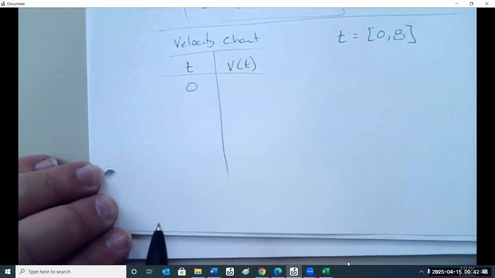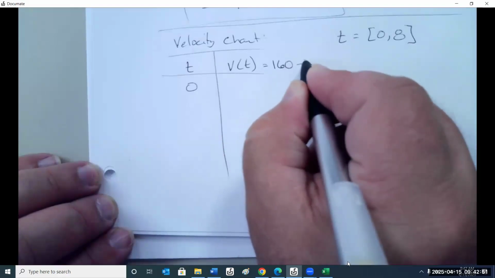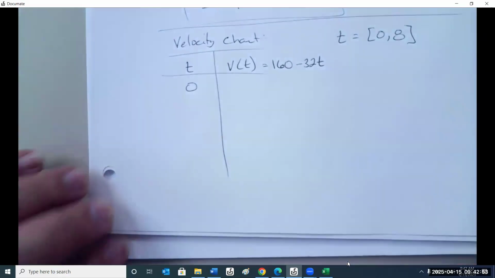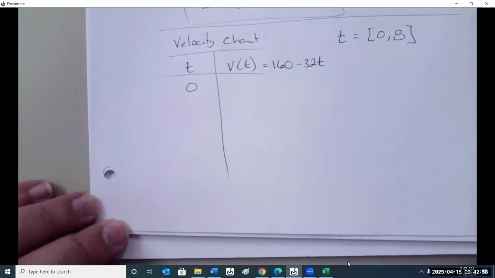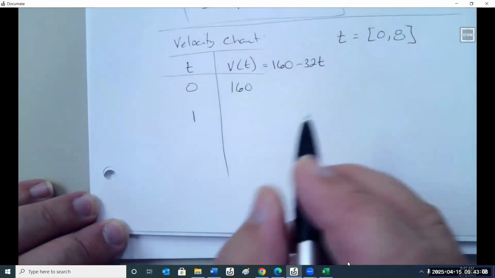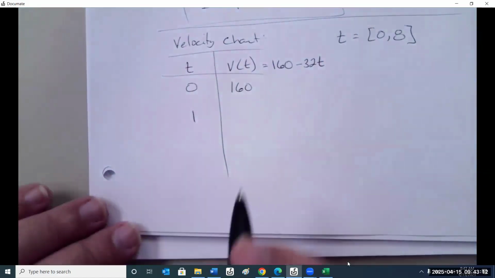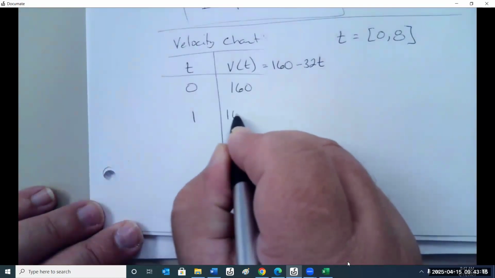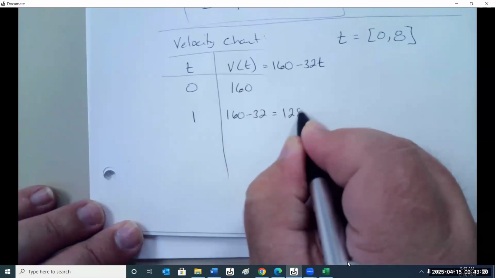So at 0, what's our velocity? 160. At 1 second, what's our velocity? It's 160 minus 32, 128.